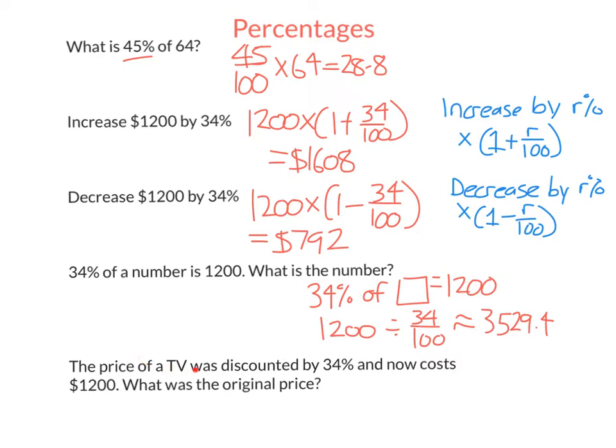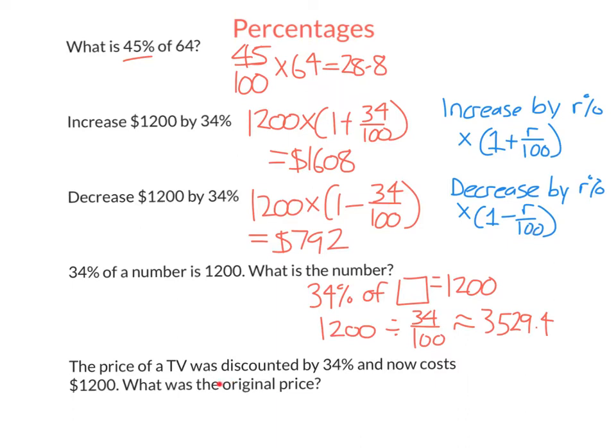In this one, we're saying the price of a TV was discounted by 34% and now costs 1200. What was the original price? Again, we're finding the original amount. This time we're asking what number, when you decrease it by 34%, gives you 1200. Normally to decrease by 34%, we times by 1 minus 34 over 100, just as we did here.